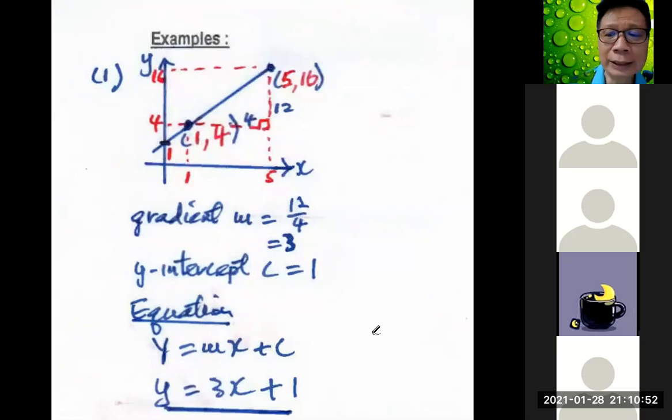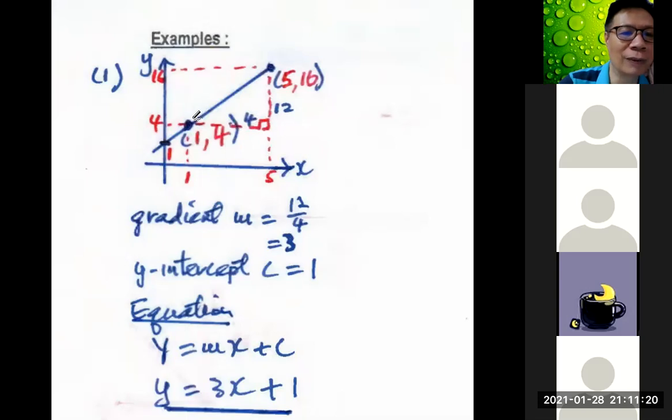Okay, you look at this graph. The point here is (1, 4). Here is (5, 16). The coordinates are given. Here x is 5, y is 16, and here x is 1, y is 4. So the gradient is 12 over 4. Where do I get the 12?